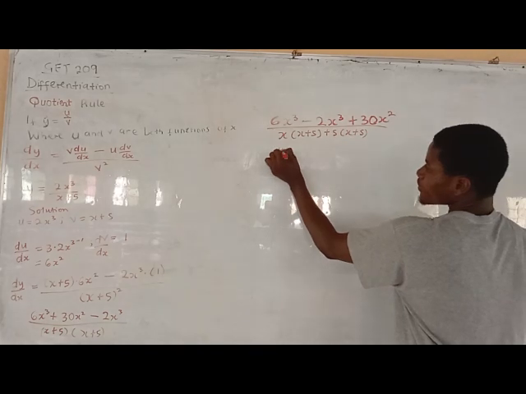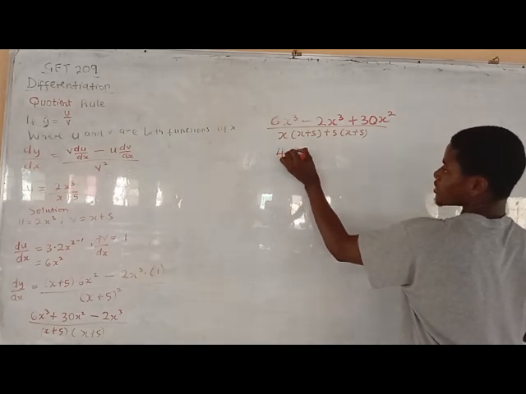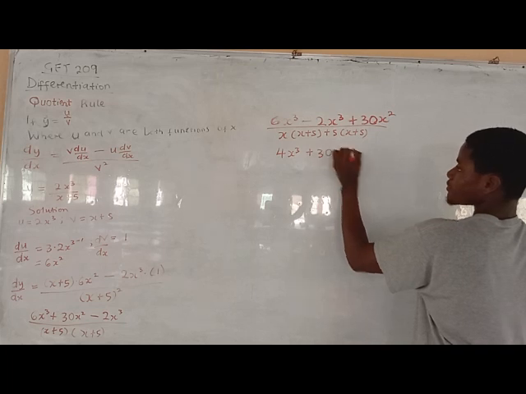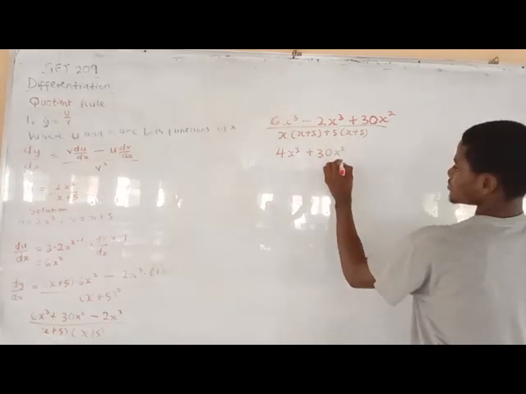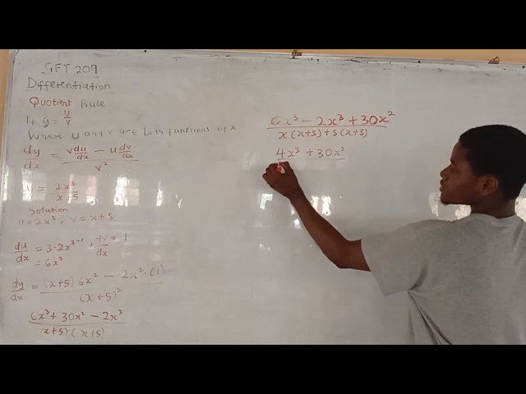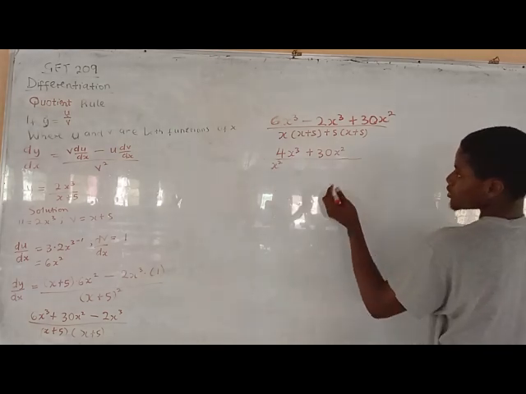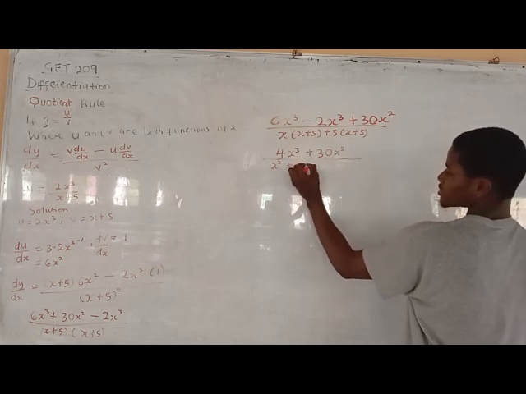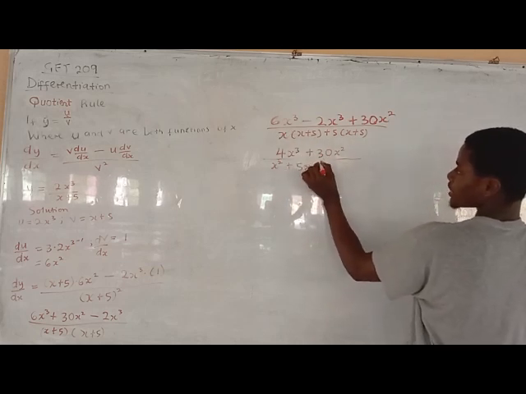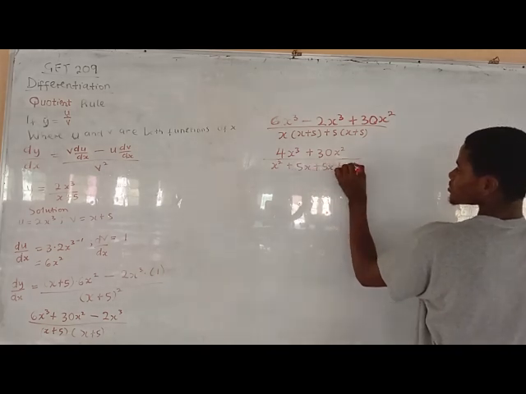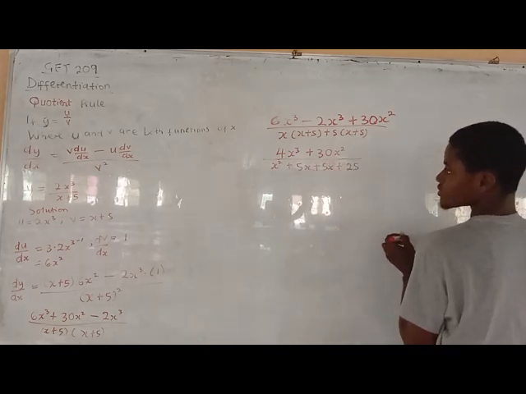So we have 4x cubed plus 30x squared, divided by x times x, which is x squared, or x raised to power 2. x times 5 is 5x. 5 times x is 5x. 5 times 5 is 25.